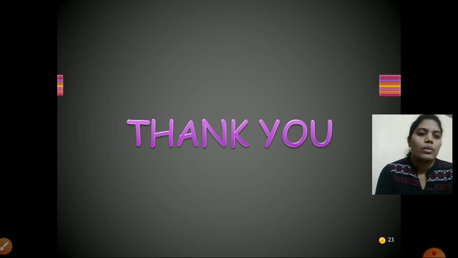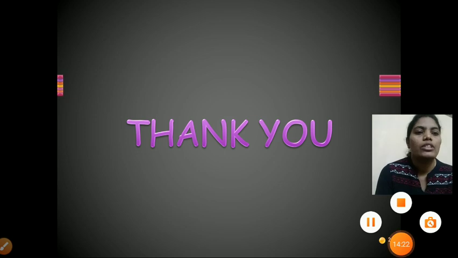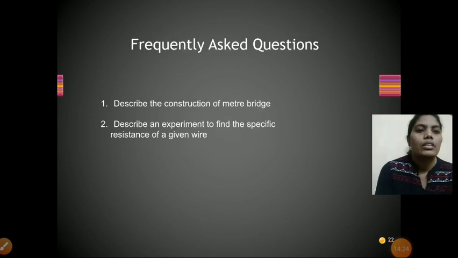By using that we can find the resistance of an unknown wire, and also we can find the specific resistance or resistivity of that wire by using the meter bridge when it is designed like a Wheatstone bridge. So that is the practical application of the Wheatstone bridge.